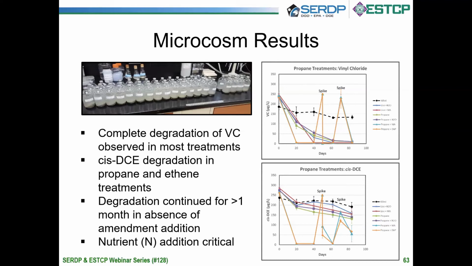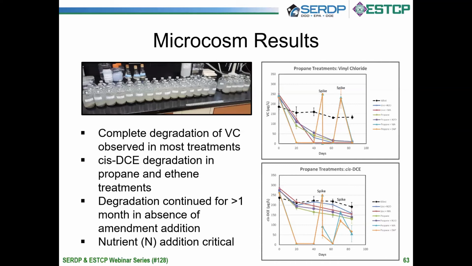We basically saw degradation of the vinyl chloride over time in all those treatments. We respiked a couple of those treatments. But in the ones where we added diammonium phosphate and the gaseous nitrogen amendment separately, those two treatments went down much faster. Well, if you look at the bottom graph, the cis-TCE was definitely a different story.